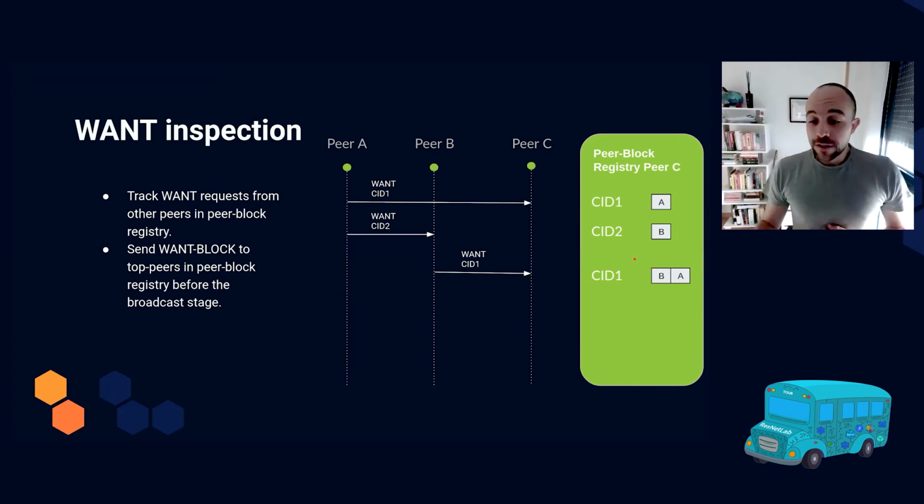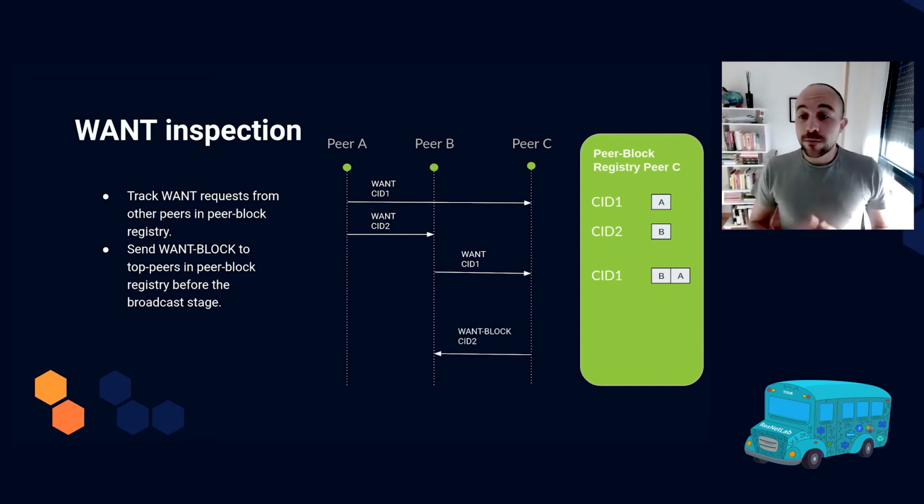With this information, if at one point peer C wants to find out where CID 2 is, and it has in its peer block registry B as the most recent peer, then instead of doing the broadcast stage to find out where the content is, it will use the information in the peer block registry for that CID and send a want block right away to the most recent peer in the list.